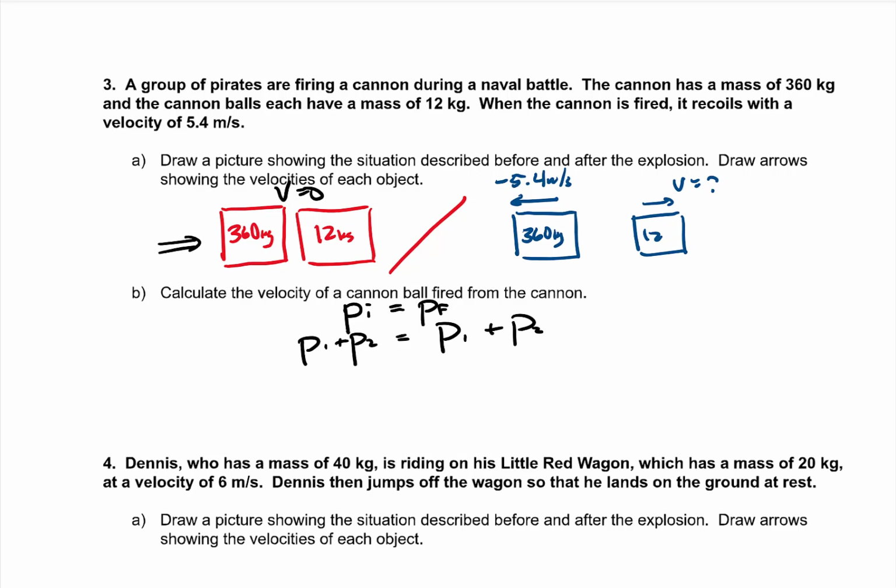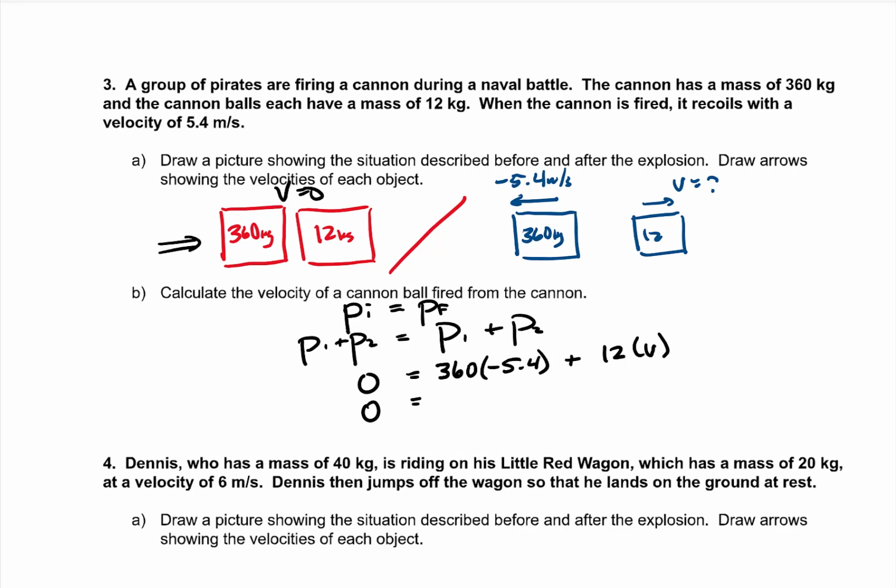But looking at what's happening here, since both objects are at rest, my initial momentum is going to be 0. And that's going to be equal to the final momentum of object 1, so the mass, 360, times the velocity of negative 5.4, plus the momentum of object 2, 12 times v final.